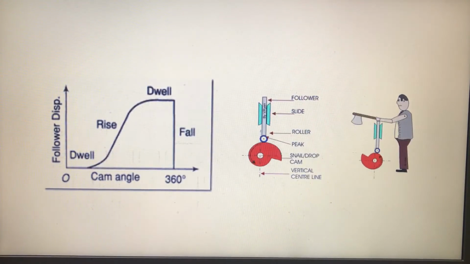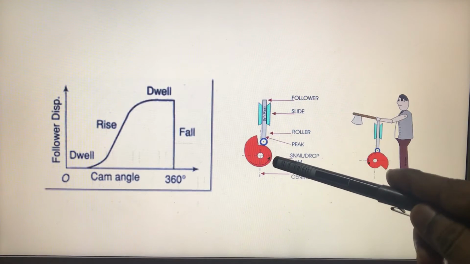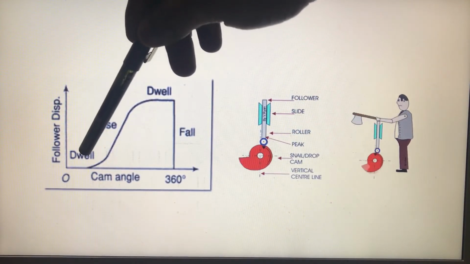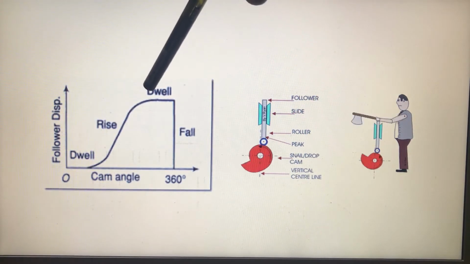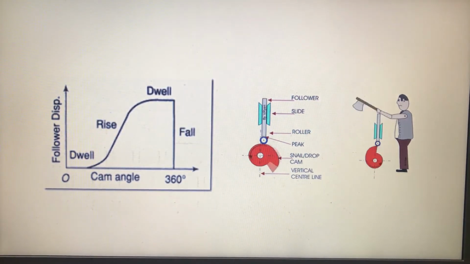The next one is dwell, rise, dwell, fall. If the profile has a cut like this, initially it has a dwell period, next it will rise, again it will have dwell, then it will fall.